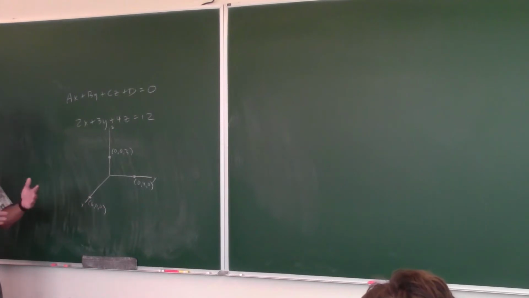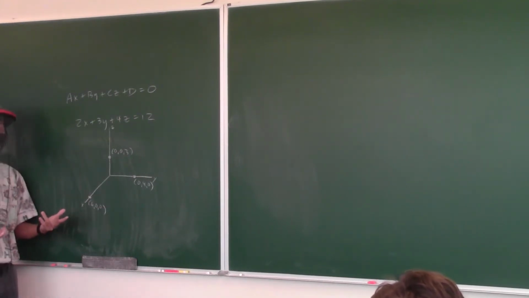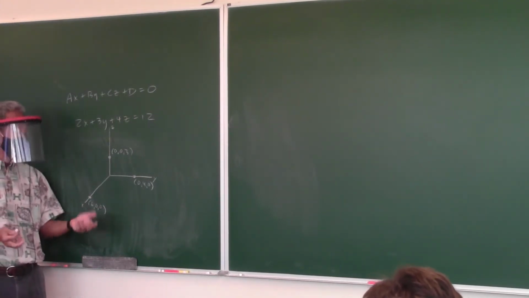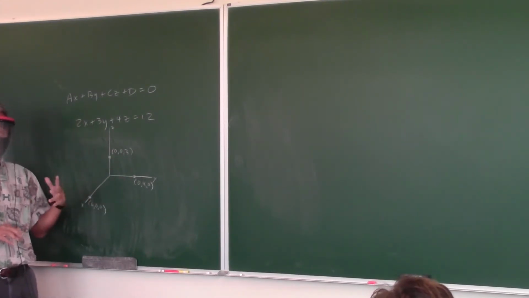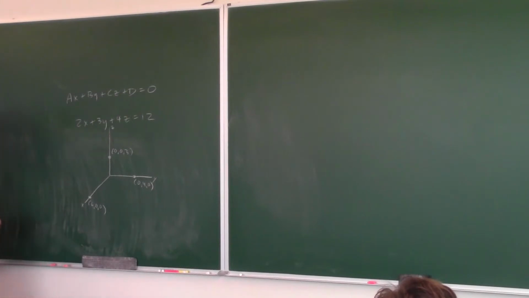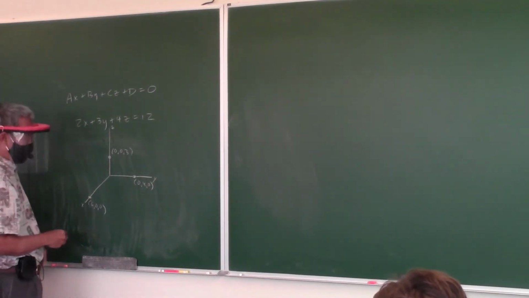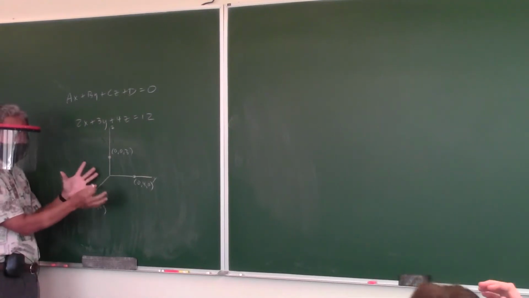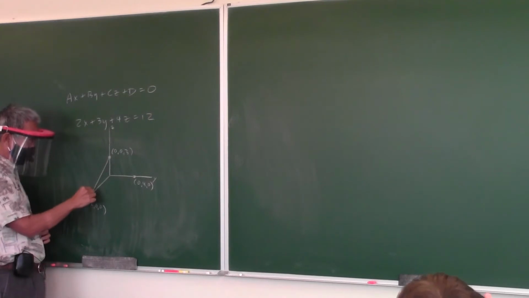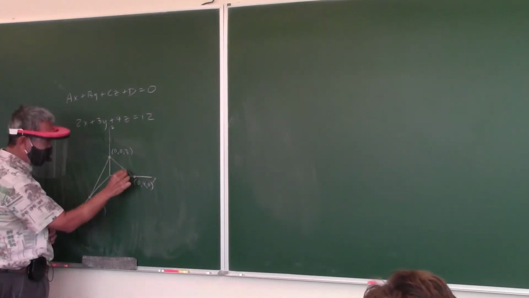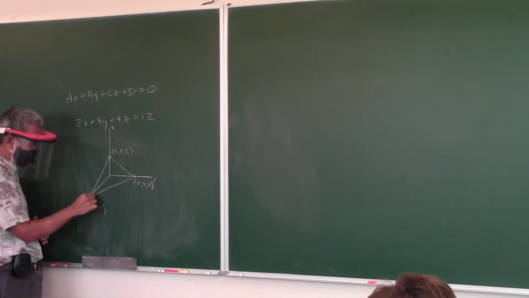If I'm going to ask you to draw something, it will only be in the first octant where x, y, and z are all positive, because otherwise it gets very difficult to draw. You'd have to be an artist, which I'm not. So I expect you to draw things in the first octant at least. What you do is you connect these points with straight line segments like this.